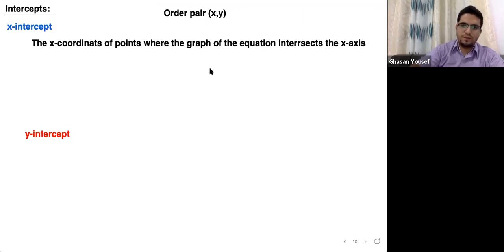It's x comma y. So the x is called the x-coordinate, and the y is called the y-coordinate.